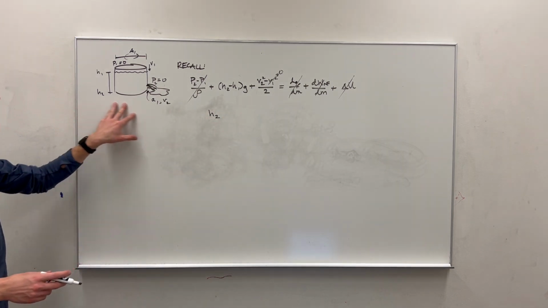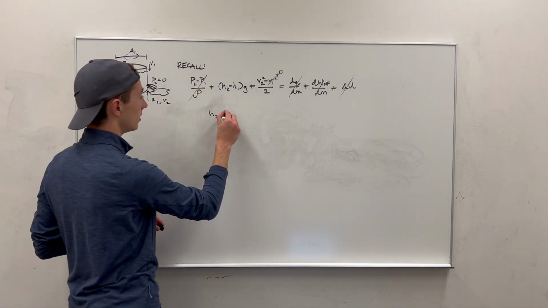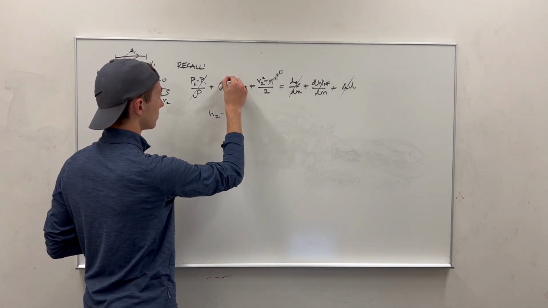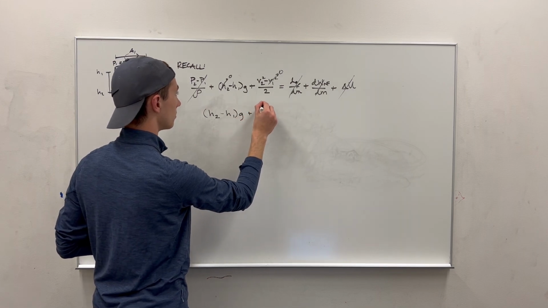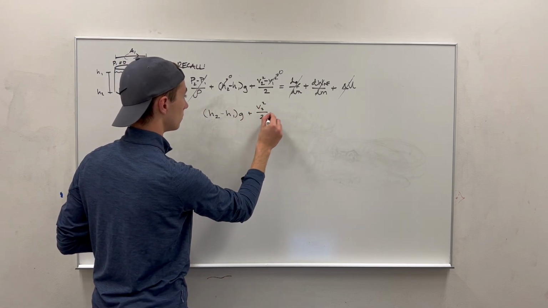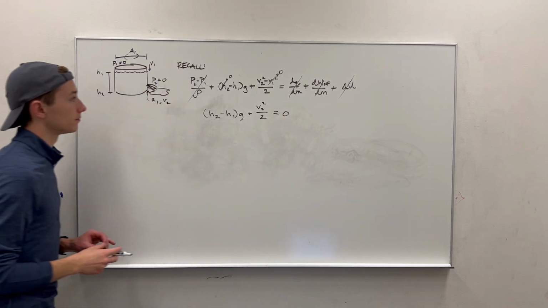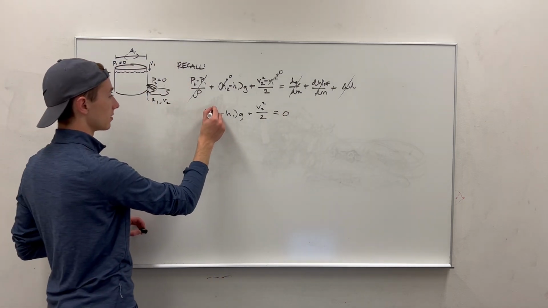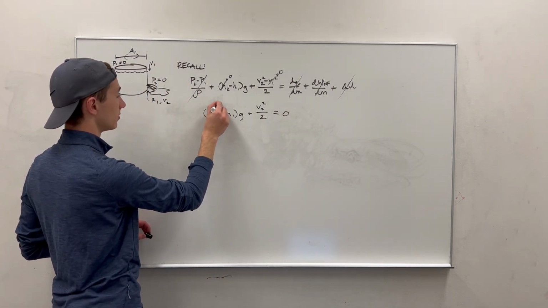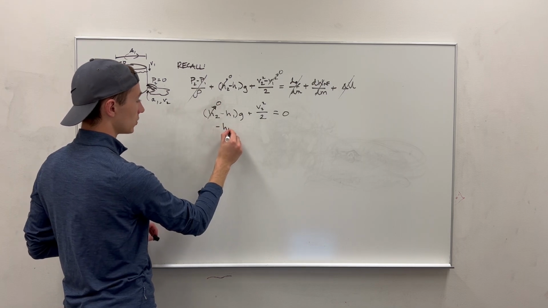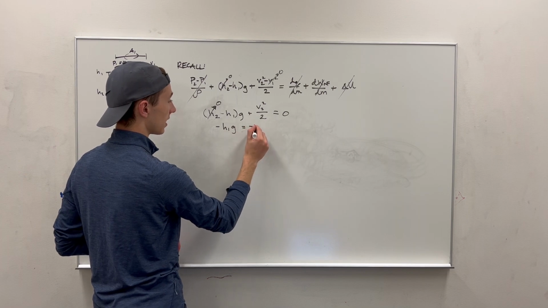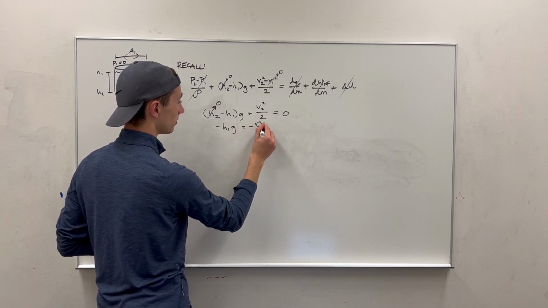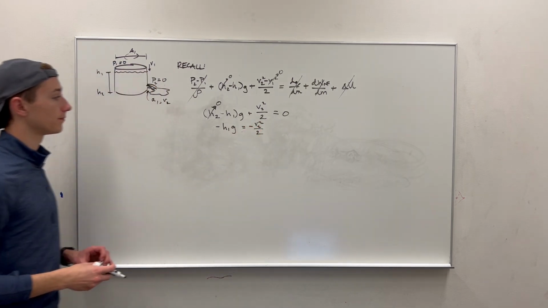Okay, if H2 is practically at the 0 level, we'll see that go away here in just a second. So we're left with this, right? And we said this was going to be 0. So now we have H1 times G, and then I'll move this over to the other side: V2 squared over 2.